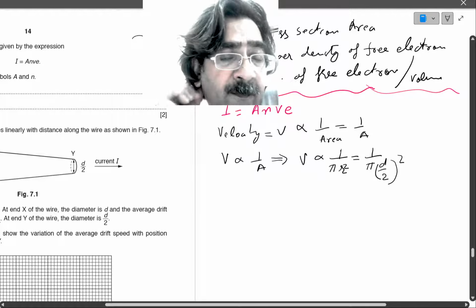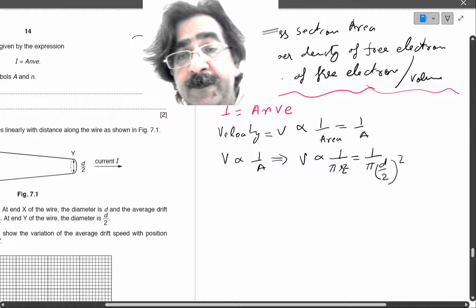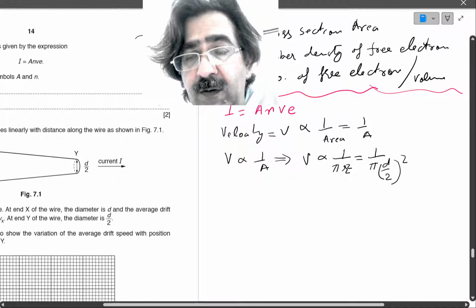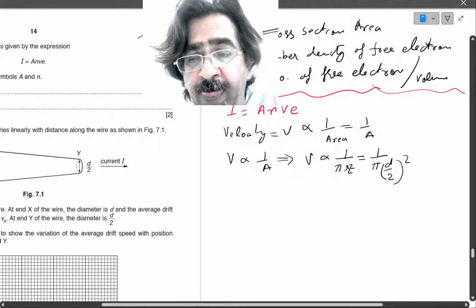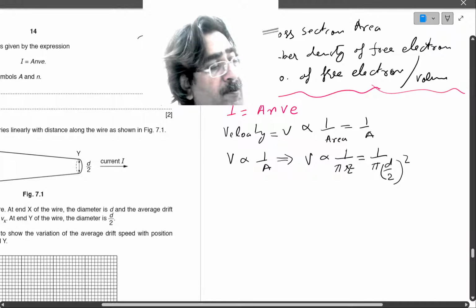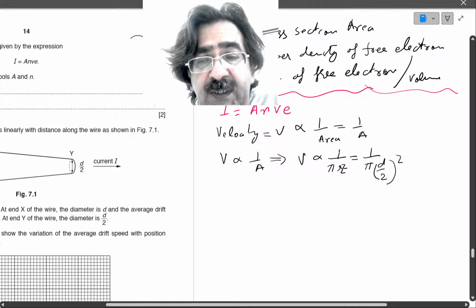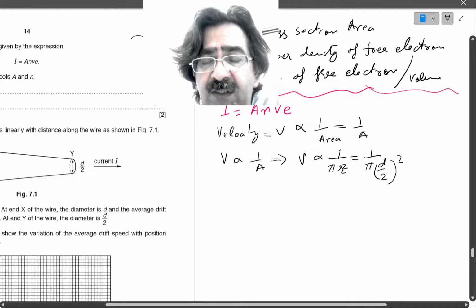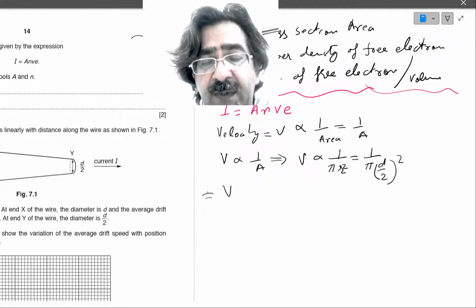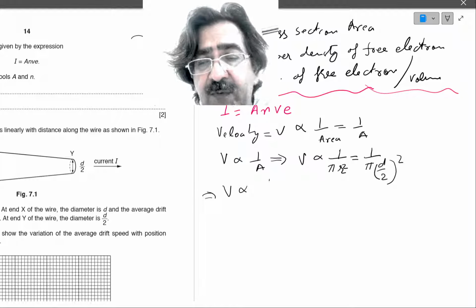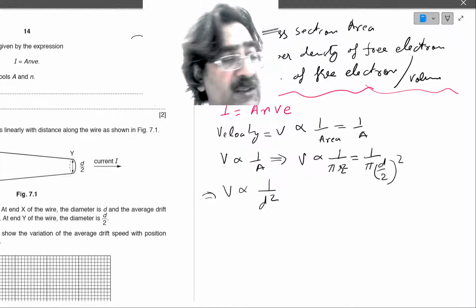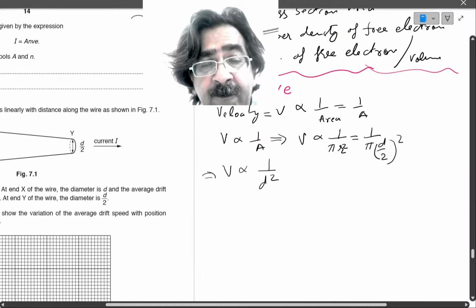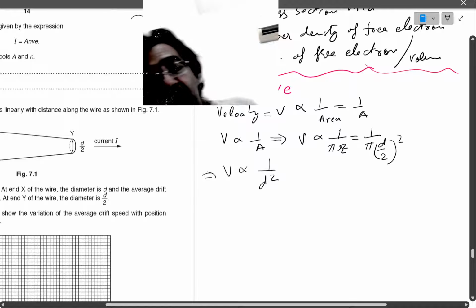Because 2 and pi are constant, this implies V is inversely proportional to D square.